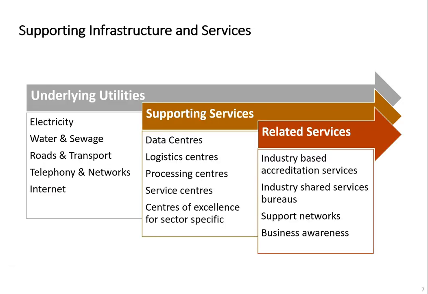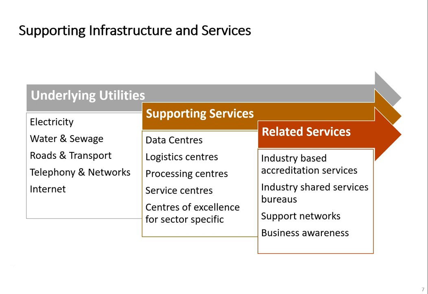A range of supporting and related infrastructure and services are required to varying extents, depending on the location, nature, type, size, market sector, and societal needs. Government is often required to supply the underlying utilities required.